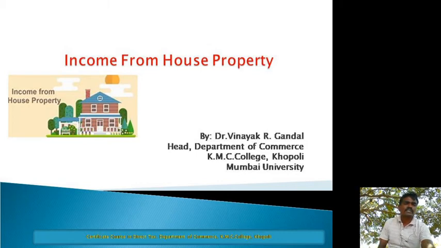So before discussing annual value, we must know what are the types of house properties. So friends, there are 4 types of house properties. First, self-occupied house property, means which is used for self-residence.